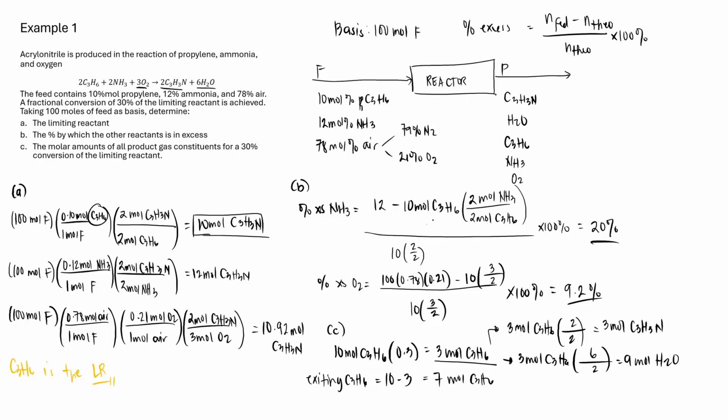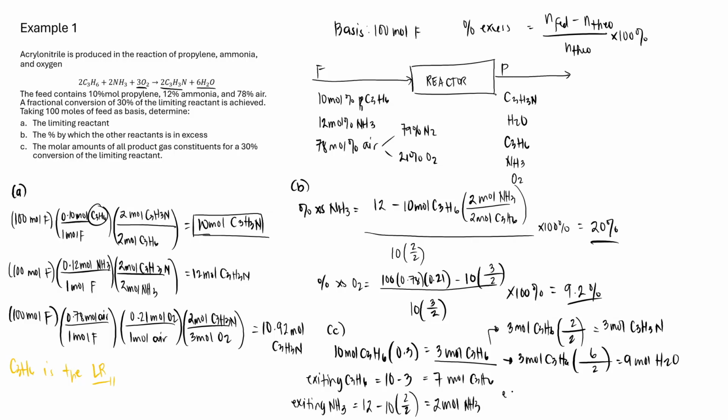And next, the ammonia and oxygen, it's just the numerator part of the percent excess. So exiting NH3 is 12 minus 10 times 2 over 2, so that's just 12 minus 10, 2 moles NH3.